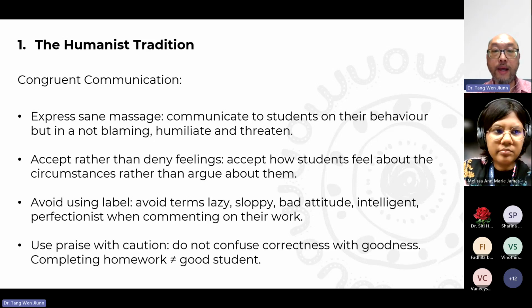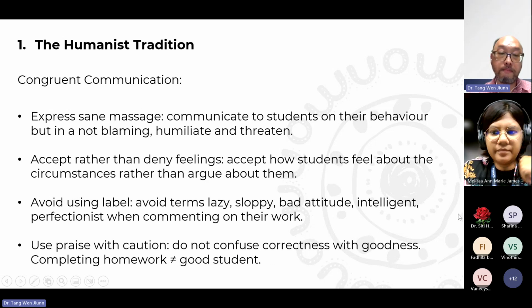And when we praise, we have to make sure we use it appropriately. For example, like the examples here. If we say, you see, this student B completing his work on time, what a good student he is, that one will give a wrong impression.